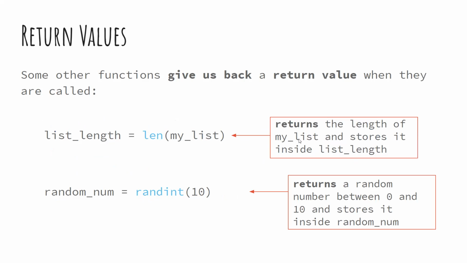So it returns the length of my_list and stores it inside the list_length variable. There is also another function called randint, which returns a random number between 0 and 10 and stores it inside the random_num variable.